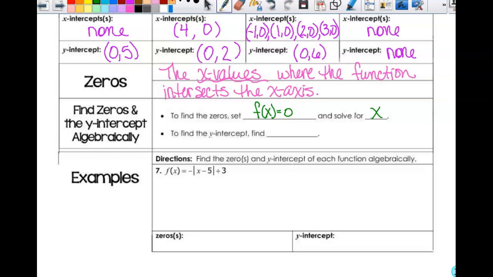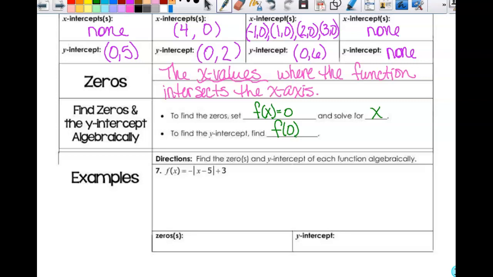And then to find the y-intercept, I set x equal to 0, so I'm basically just finding f of 0. All that makes sense? We good?